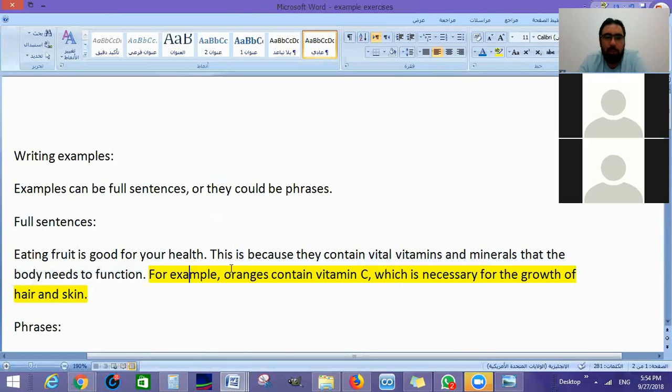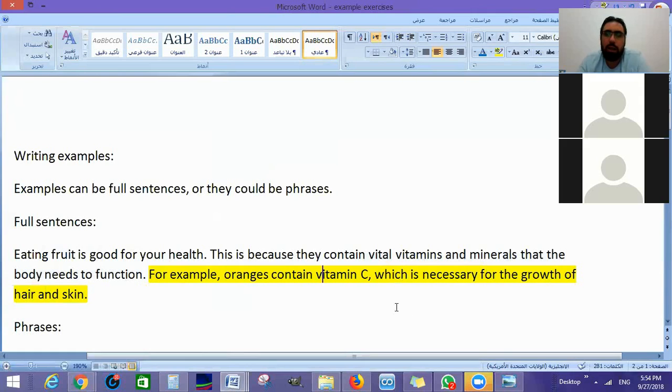For example, oranges contain vitamin C, which is necessary for the growth of hair and skin. So here, they contain vital vitamins, and here, that the body needs, and so on.